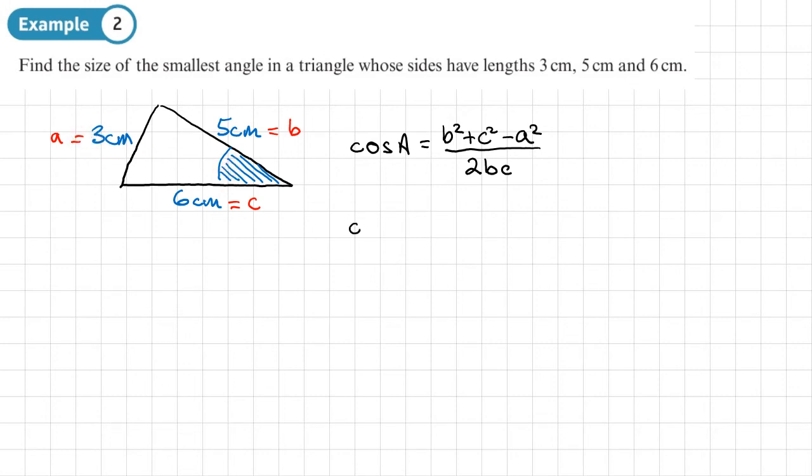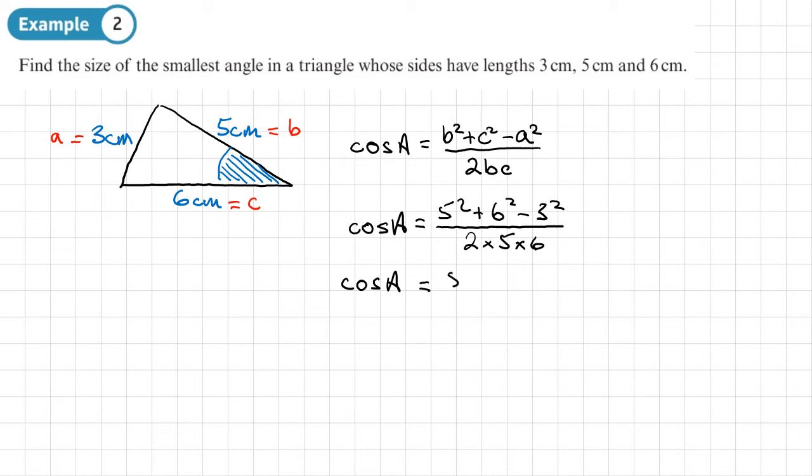So the cosine of the angle that we're trying to find, we'll call that A, is equal to 5 squared plus 6 squared minus 3 squared, so the 3 must go there, divided by 2 times 5 times 6. So we've got cos A will equal 52 over 2 times 5 times 6, which is 60. So if we want to find angle A, that means we need to do the cos inverse of that 52 over 60.